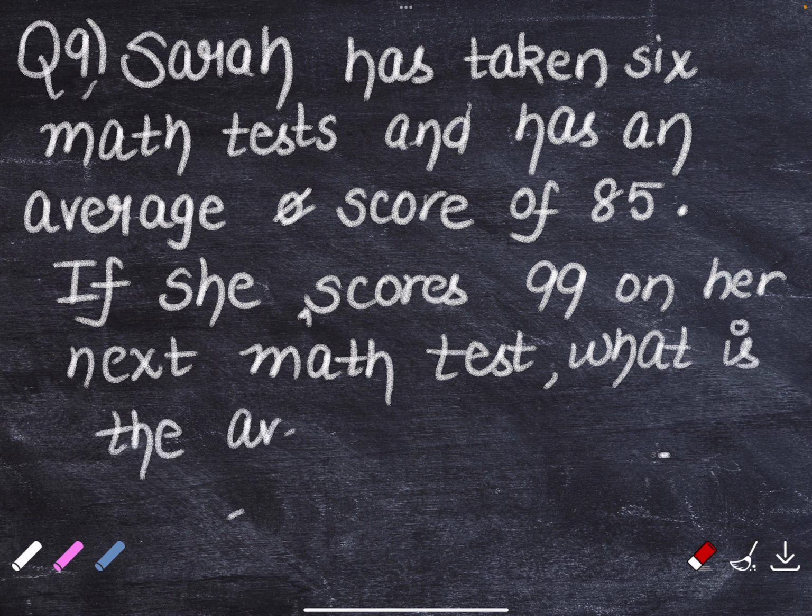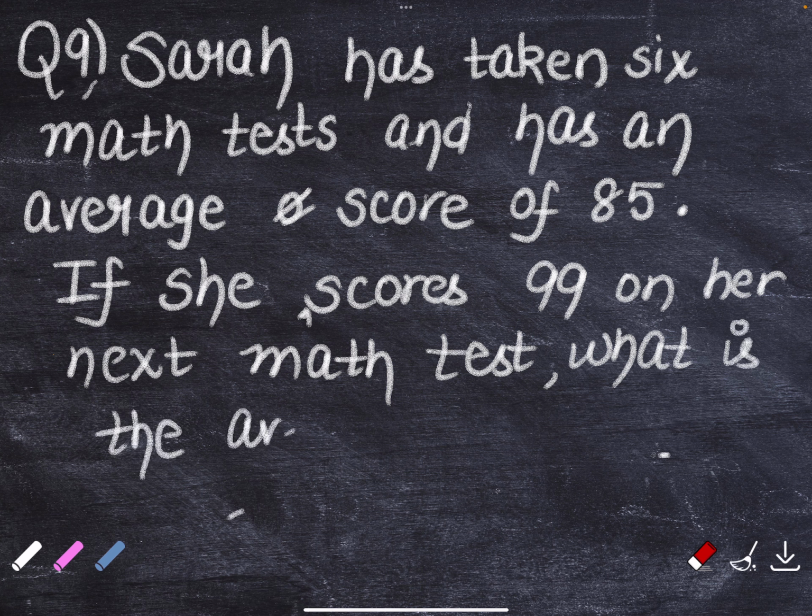9, which is going to be, we can write down that the formula for average is the sum. We add all the numbers divided by how many we have. So we can say that the average is going to be here the sum of all the tests divided by 7, because she's taking the 7 tests.